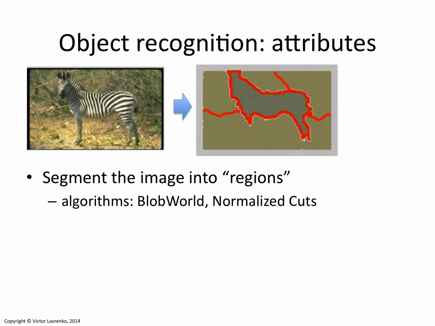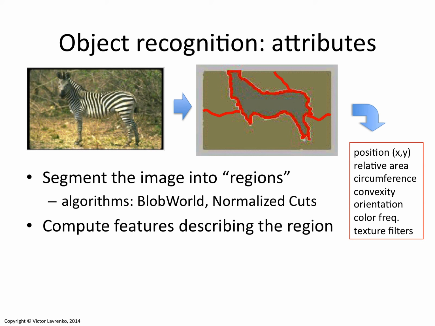So we cannot use individual pixels, but what we can use is summary statistics over the region. We could say, well, where is this region positioned? Is it in the center of an image? Is it kind of in the corner? How big is it relative to the overall image? What is the circumference? Area and circumference together tell you how circular the object is.